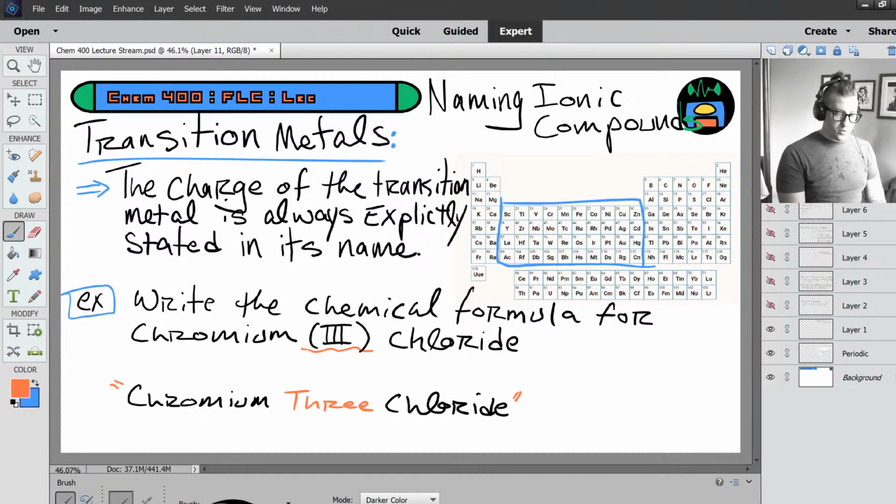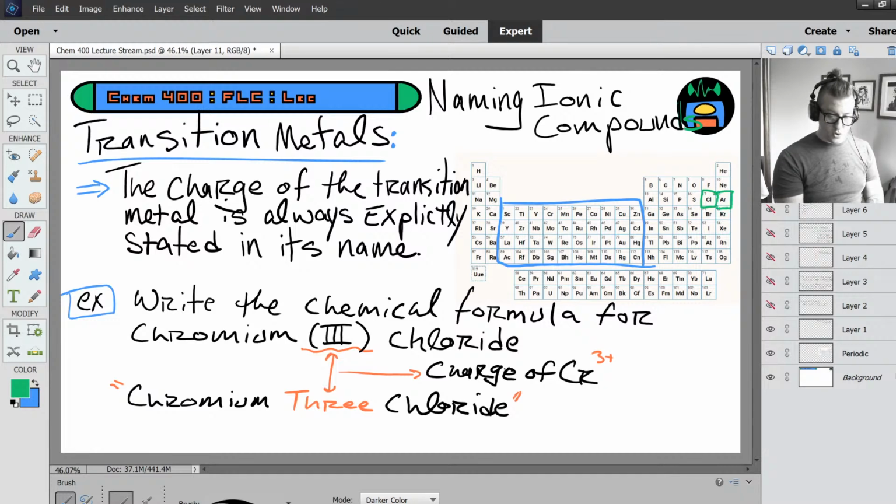And the Roman numeral here, that 3 is the charge of the transition metal. All right, that is the charge of chromium right there. So we know that chromium has a charge of positive 3. What about chloride? Well, chlorine has 17 electrons.